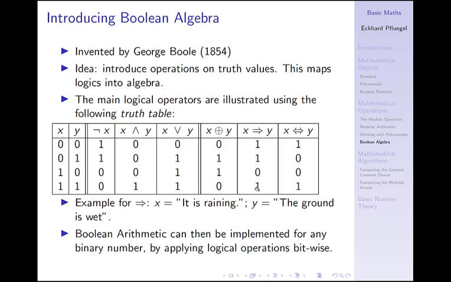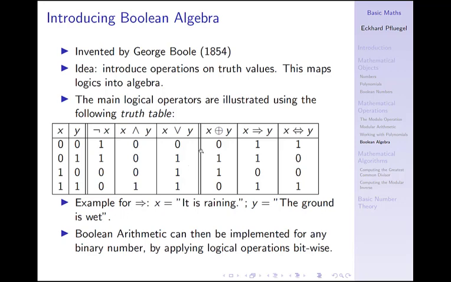So here, that's true as well. And the last operator is the equivalence. And that basically just means that X and Y have the same value. So here this is true if both X and Y are false, or both X and Y are true, and if they're different, then it's false.